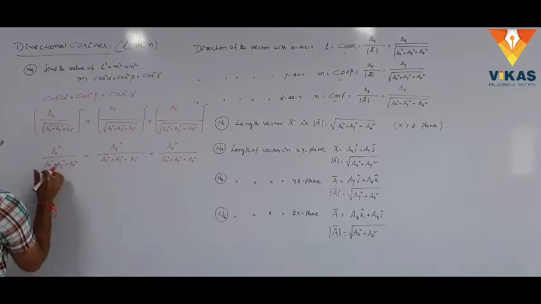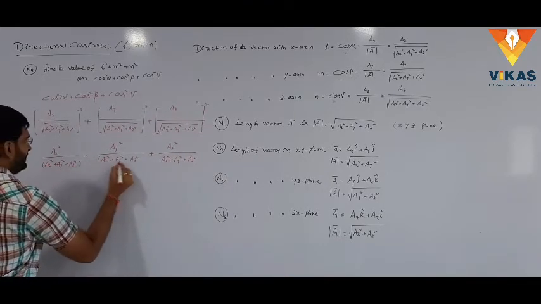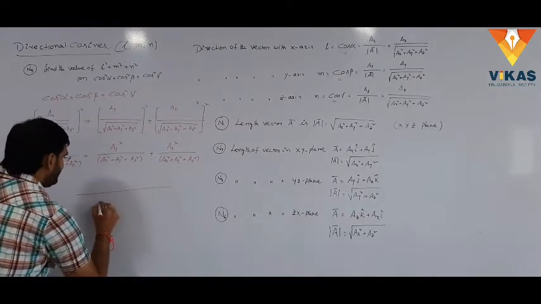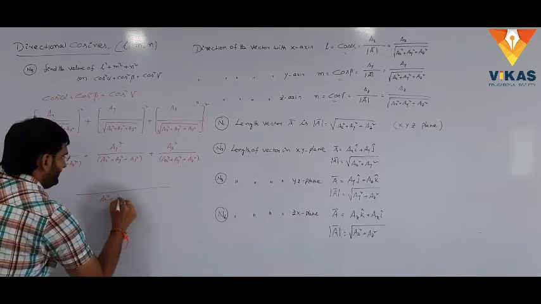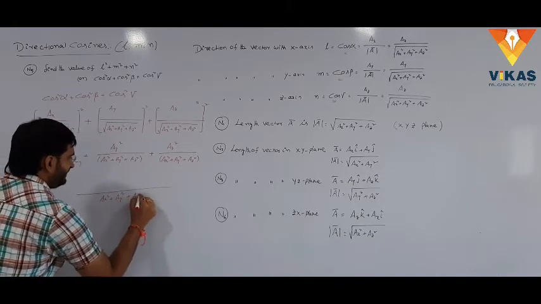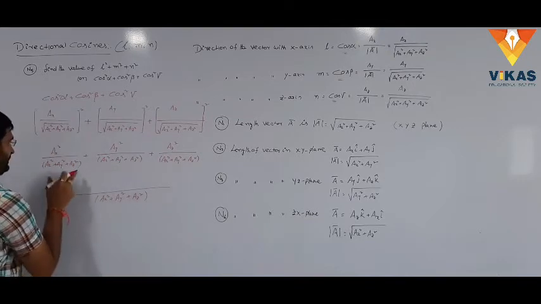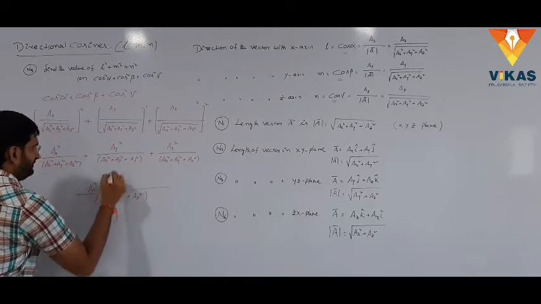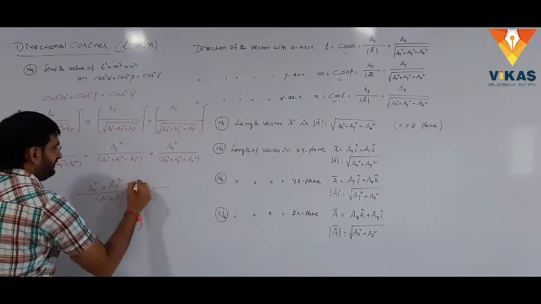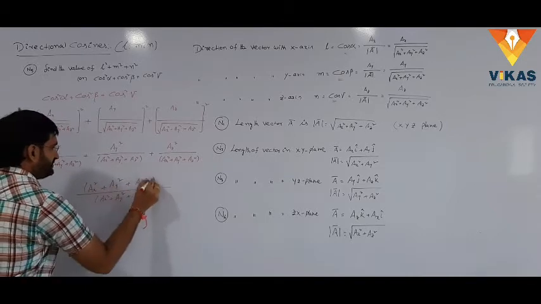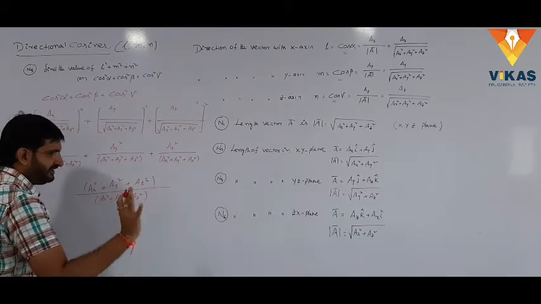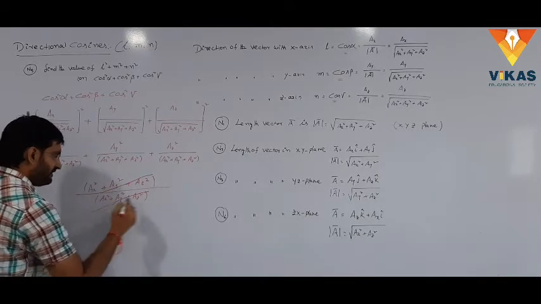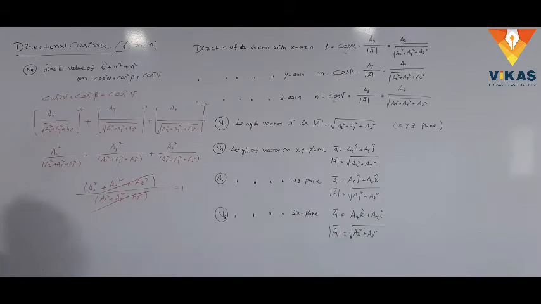We observe clearly that ax square plus ay square plus az square is the common denominator. In the numerator we have ax square, ay square and az square, which will not cancel. The total ax square plus ay square plus az square in the numerator and denominator will cancel. That is equal to 1.